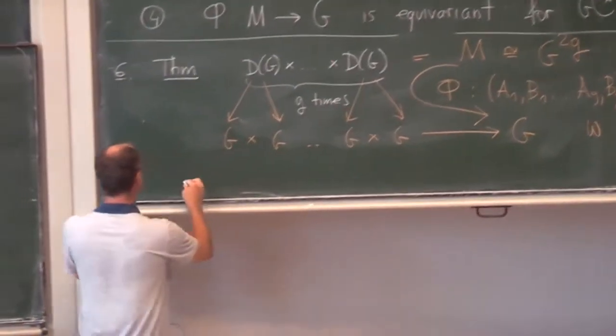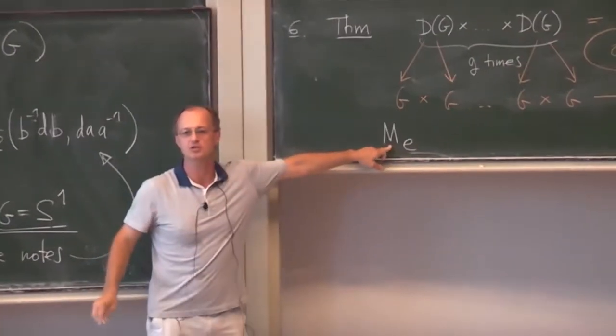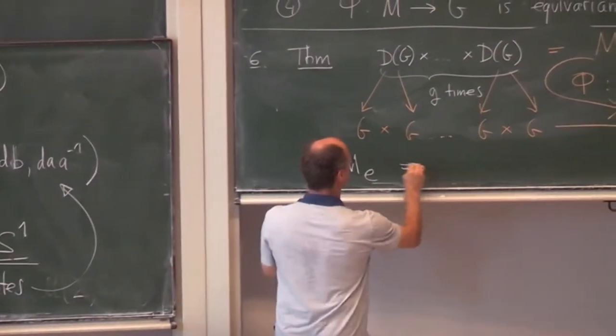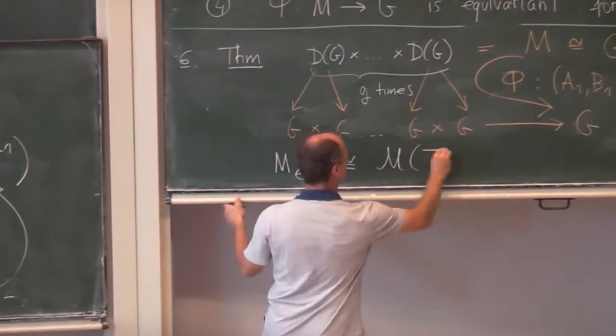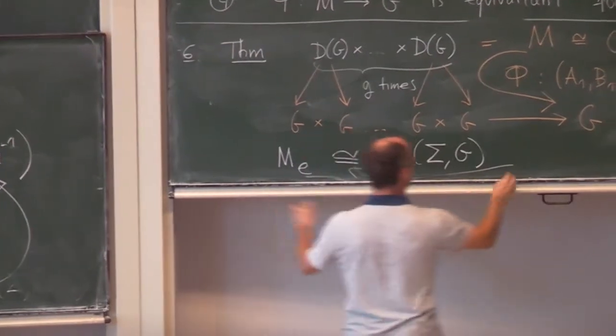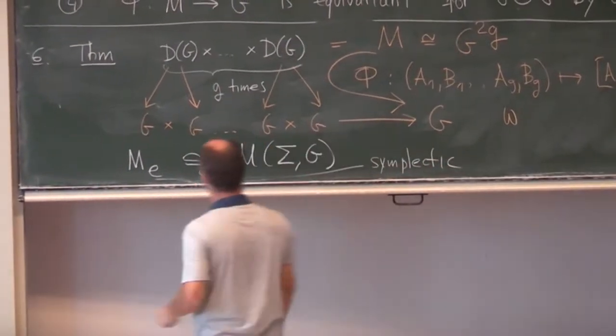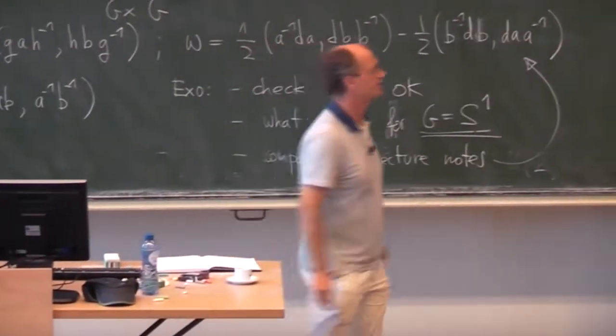So the theorem says that the reduced space at the group unit is isomorphic, as a symplectic space, to the moduli space of flat connections on a closed surface of genus g.